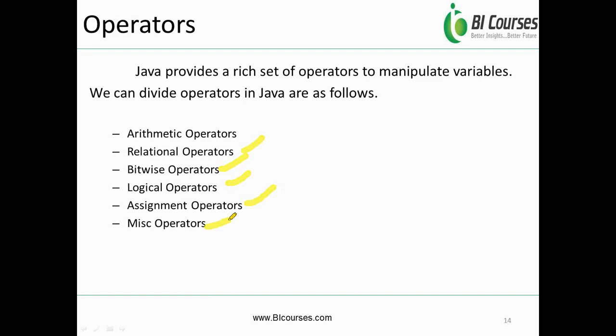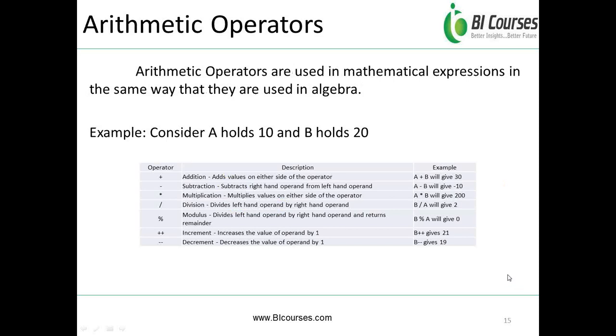We'll go through each and every operator in the next slide. Arithmetic operators are used in mathematical expressions, like if you want to add two numbers, subtract two numbers, or multiply two numbers. The operators we use for calculations are known as arithmetic operators. If you look at this table here, plus is used to add two numbers.